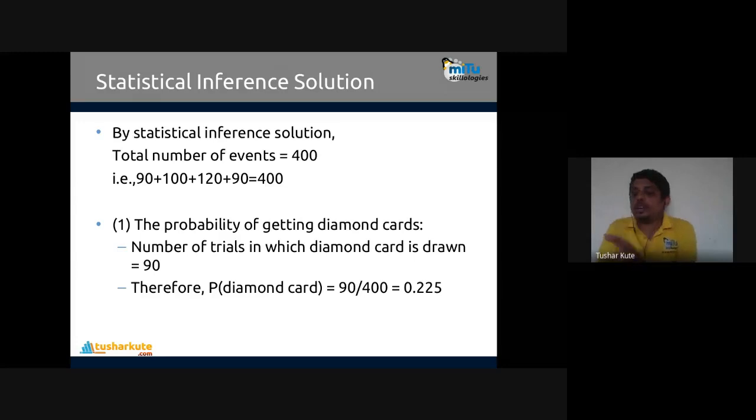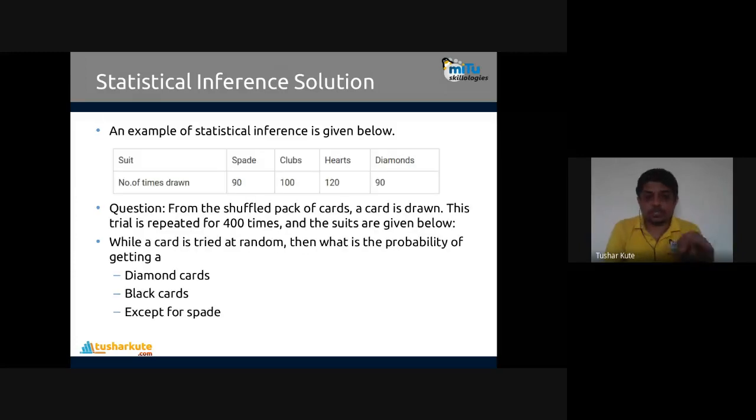So out of 400 times, 90 times a diamond card is drawn. So the probability of a diamond card is about 22.5%. That's the first case.